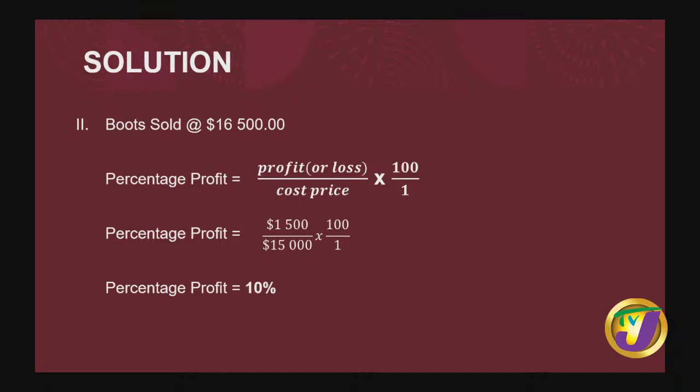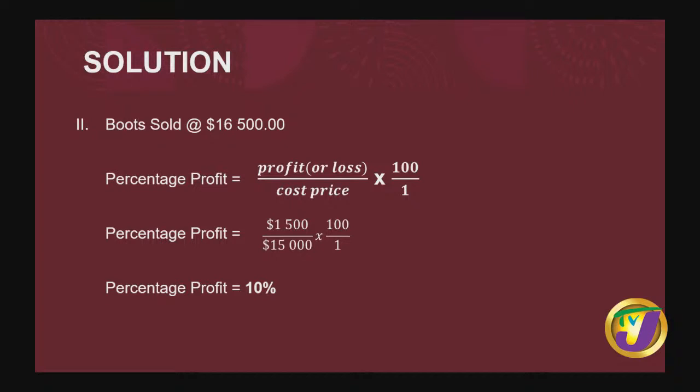So it's $16,500 subtract $15,000, which gives us $1,500. Again, we need to stress it: when we're calculating percentage profit, it's always the cost price that we focus on. So it's our profit, $1,500, divided by $15,000, multiplied by 100. In this case, that gave us a 10% profit.